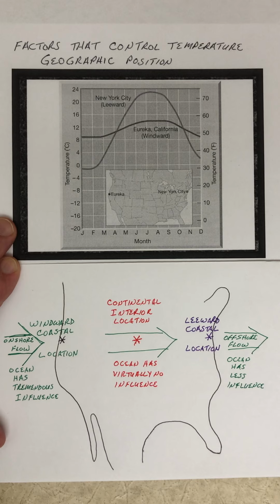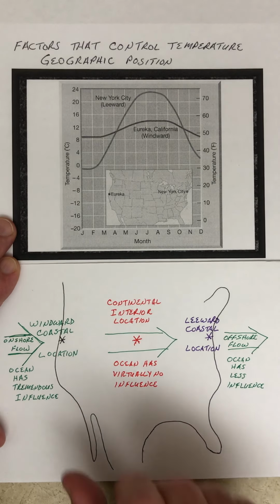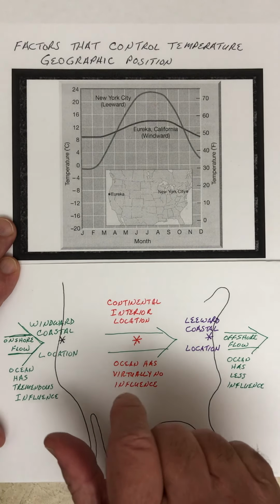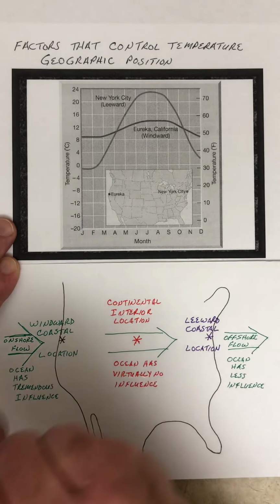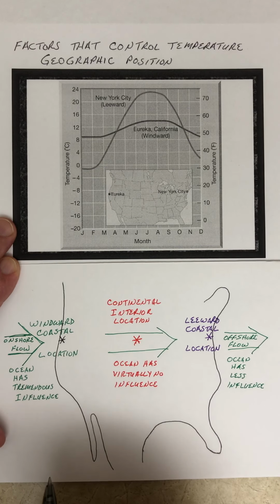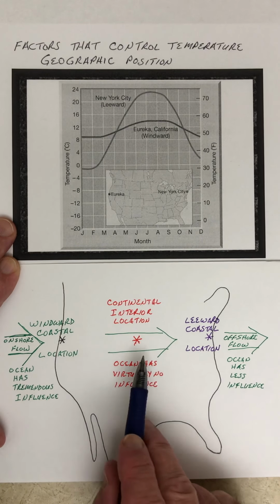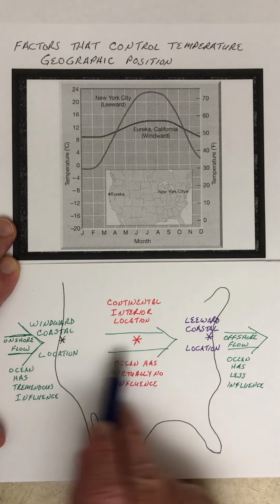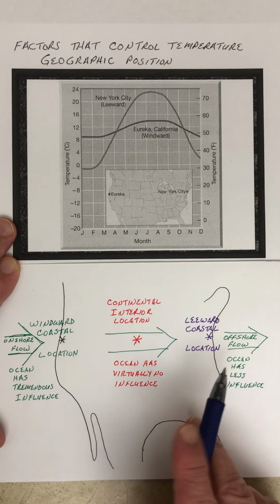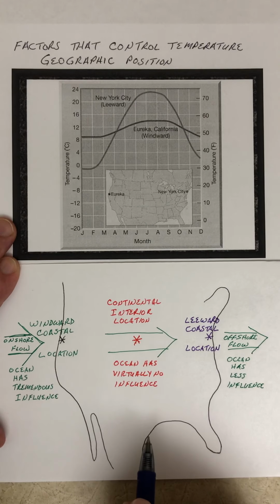What's not on this graph is a curve for a continental interior location. So I'll have to draw that on for you for a place like Des Moines, Iowa, which would be a continental interior location at virtually the same latitude as New York City and Eureka, California.